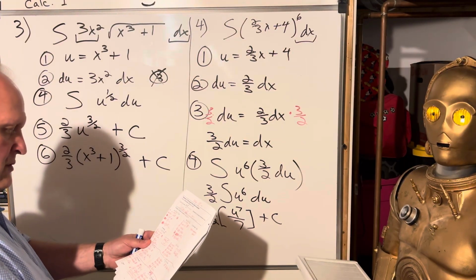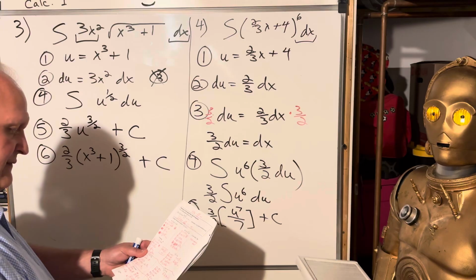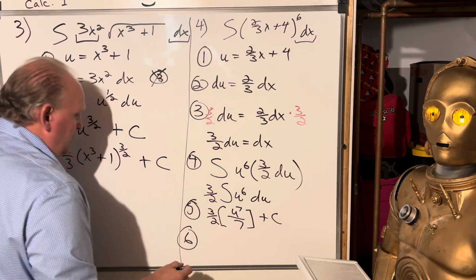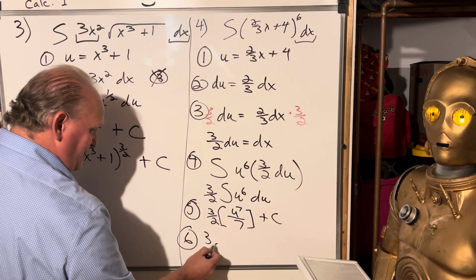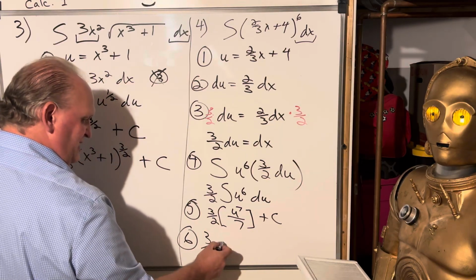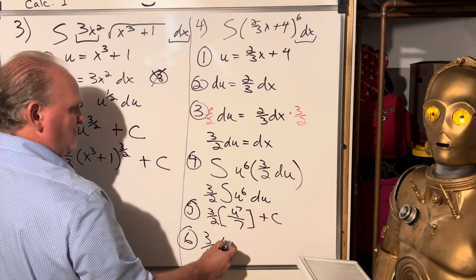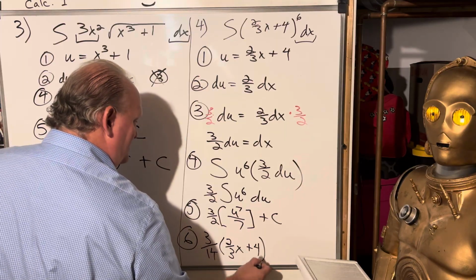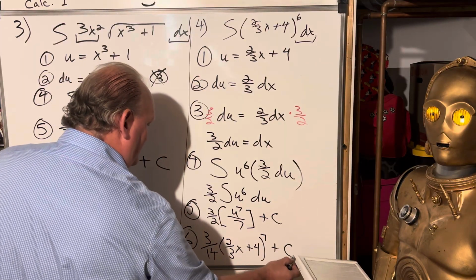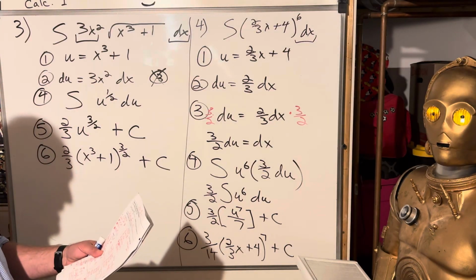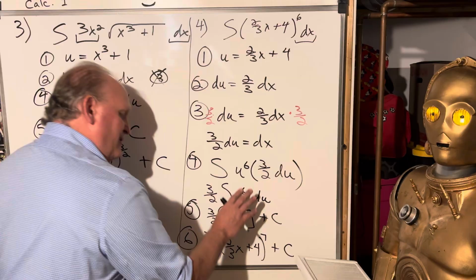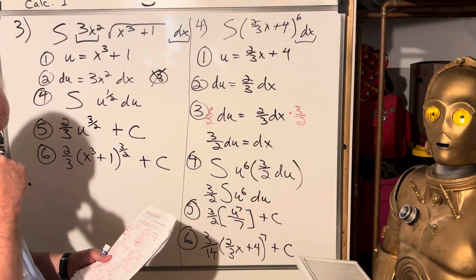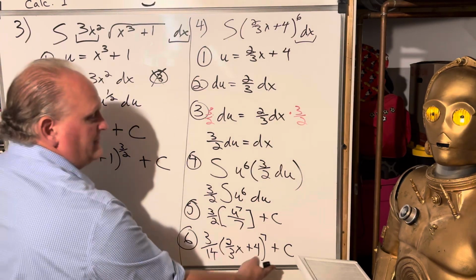I might need a little more room if I'm going to fix it. No, I'm not worried about fixing it. All right, 3 over 14, right? Because 2 times 7 is 14. And then instead of u to the 7th, we're just going to say (2/3 x plus 4) to the 7th plus c. I wouldn't be able to fix that anyway without really plowing through another 2/3 to the 7th power. That's a lot of figuring. So that's it. That's the answer.